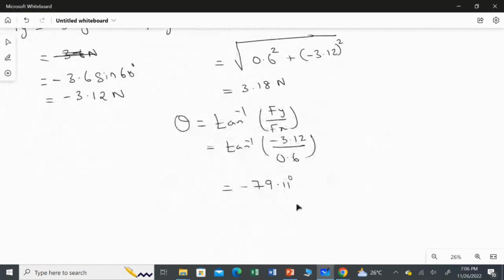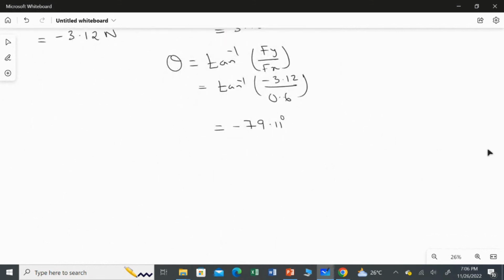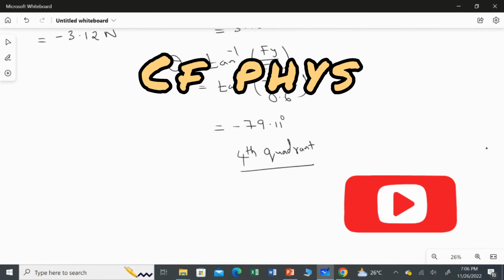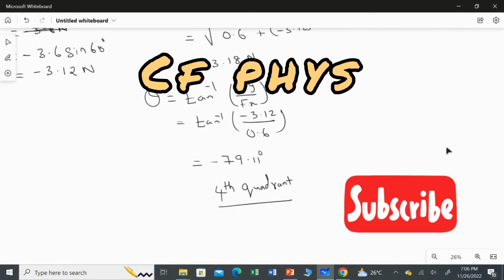Just 360 minus this number, you will get the answer. Or otherwise, you can just leave it as it is, as minus 79.11 degrees. But mention it is in the fourth quadrant. Clear? Understand? That's it. Okay.